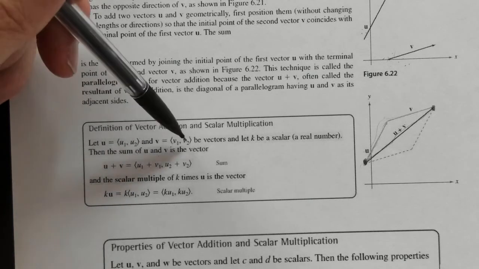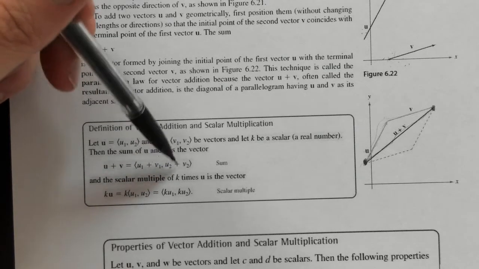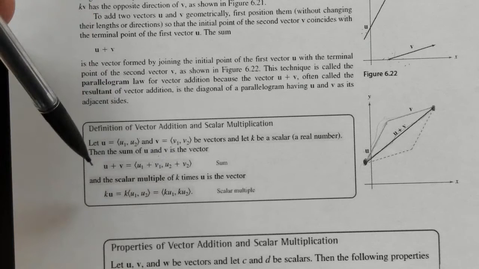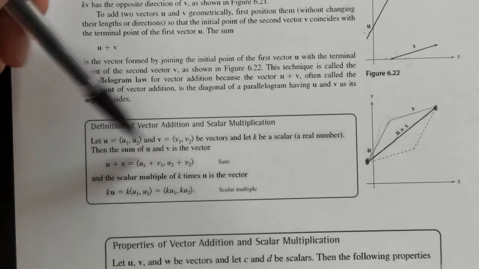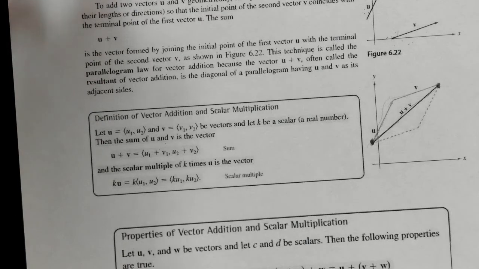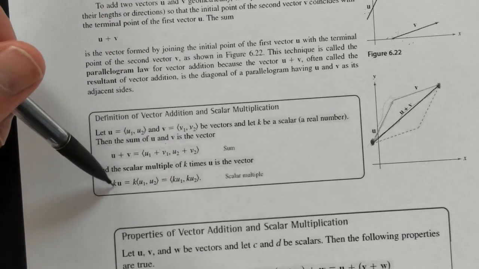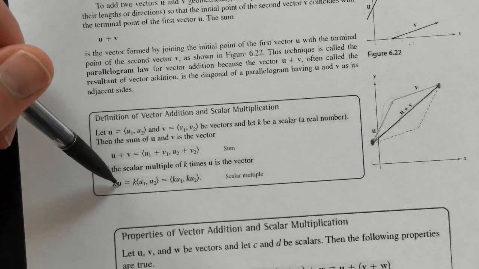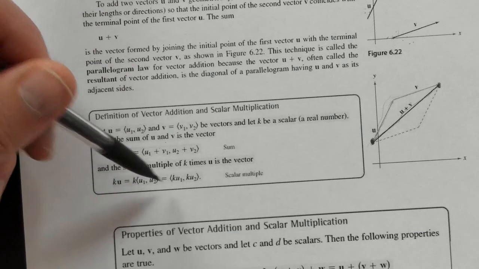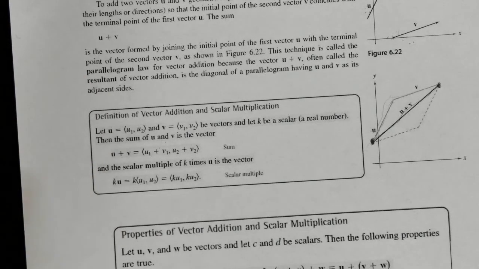Then u2 plus v2, those two components added together, give the second component of the resultant vector. We're just taking each corresponding part and adding them together. If you have a scalar times a vector, then it's that scalar times each one of the components, and that gives you the component form of the new vector.